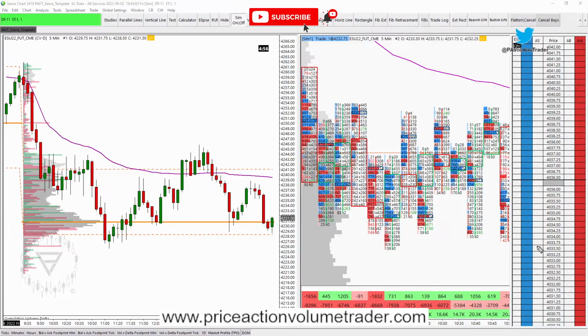Now, sometimes we will see a level with a lot of resting orders, and that's because maybe a lot of traders are expecting price to go or hold that level. This happens especially a lot in big round numbers. If you look at a DOM and you're going into a level like 4,000, 4,050, 4,100, very big, large round numbers, usually there'll be a lot of orders to buy or sell at those levels, okay?